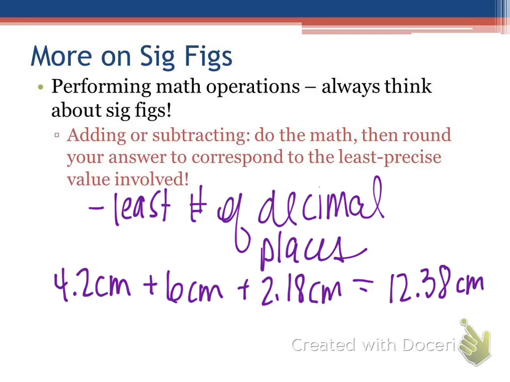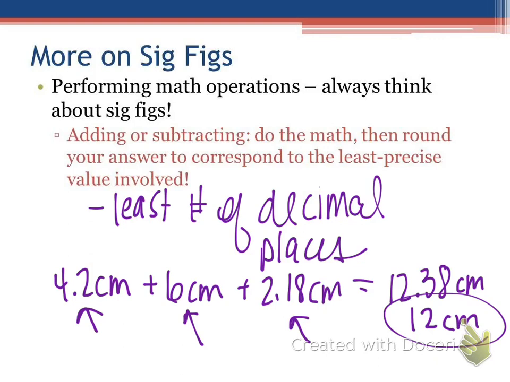So I look at each of my values. This has how many decimal places? 1. This has how many? 0. This has how many? I have to round my answer to my least precise number of decimal places, which means I have to round to a whole number. So my actual answer is 12 centimeters. Which stinks, because we want our measurements to be as precise as possible, but we must have slacked on that middle measurement.